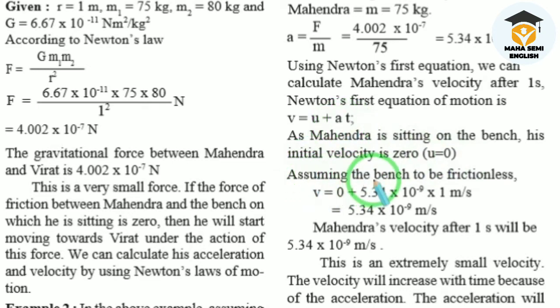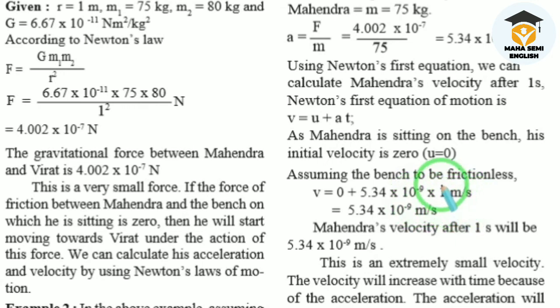So assuming the bench to be frictionless, here the initial velocity u is equal to 0. So v is equal to 0 plus 5.34 into 10 raised to minus 9 into 1 meter per second.